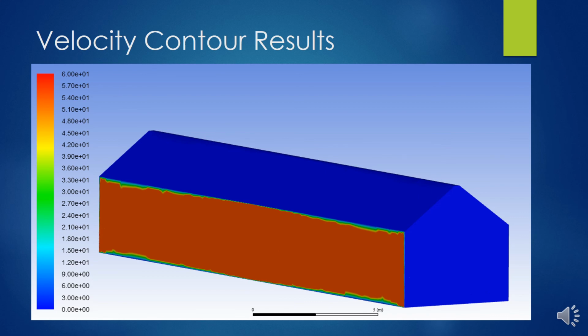The following image is of the velocity contour results, but before we get into that, I'd like to talk about the actual setup that went in order to get these results. So before I could get these results, I had to input some parameters in the setup function of the program, where I used double precision and 3D, obviously. Like I said, I assumed transient and laminar flow.